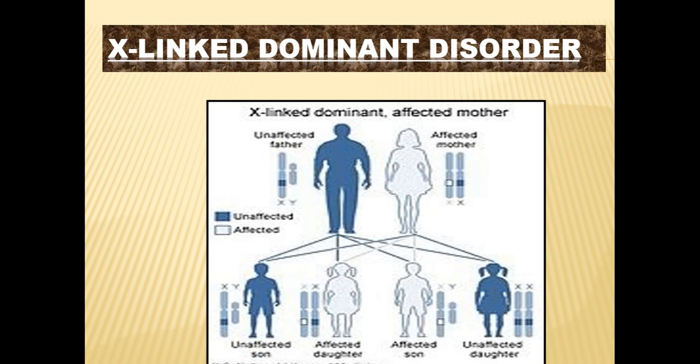Here we find an unaffected son and an affected daughter, so there is a 50% chance of transmitting the disorder if the mother is affected. Is it clear? But if the father is affected, he will be transmitting only to the daughters, not to the son, because it is X-linked.